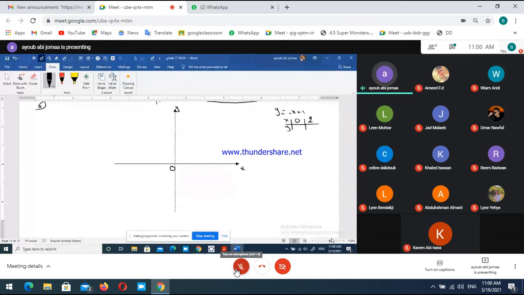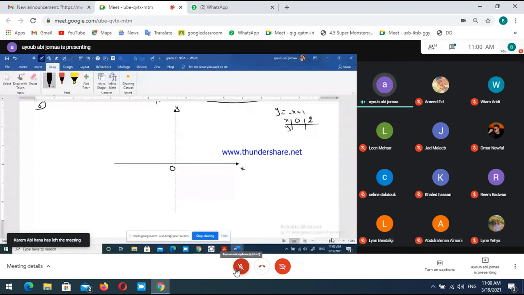We have a straight line, the oblique asymptote y equals negative x plus 1. As usual, two values of x: this one gives 1, and this one gives negative 1.